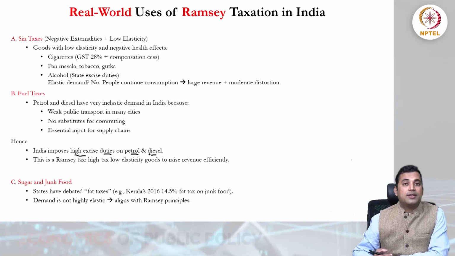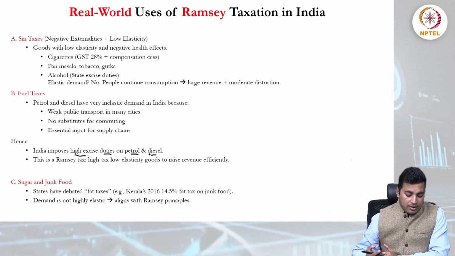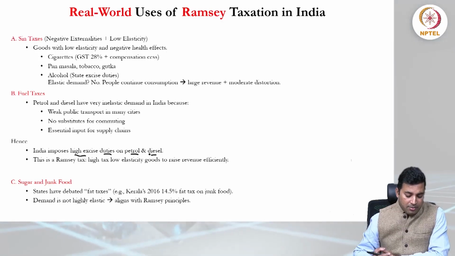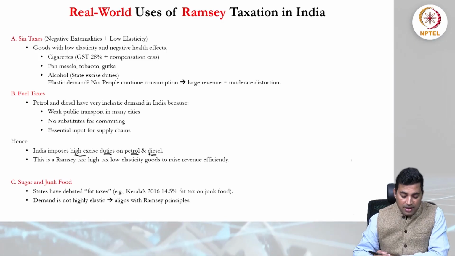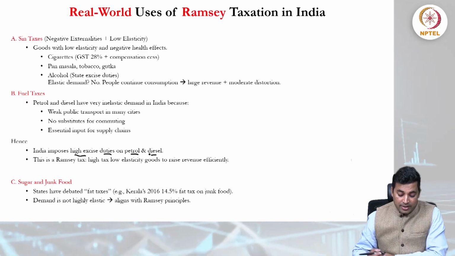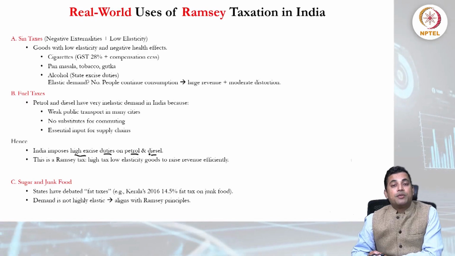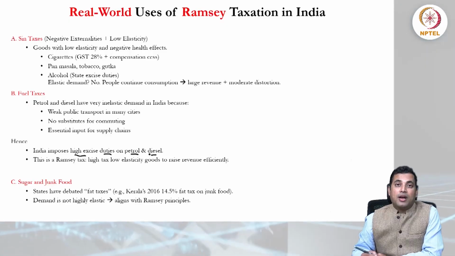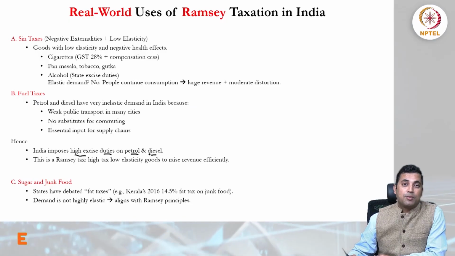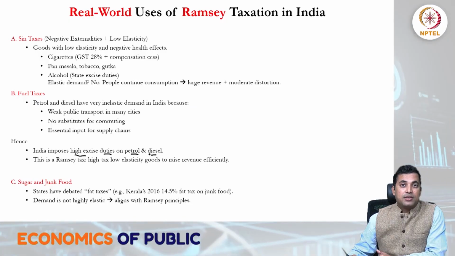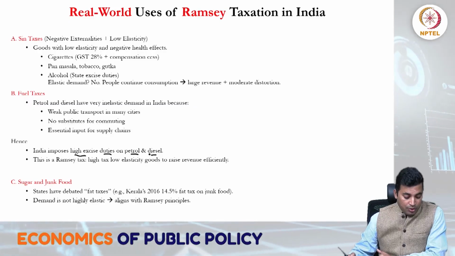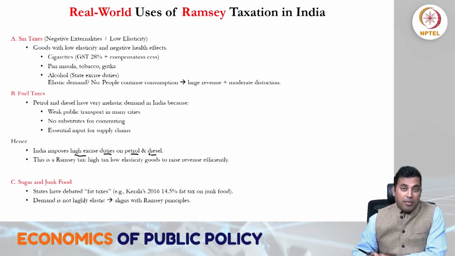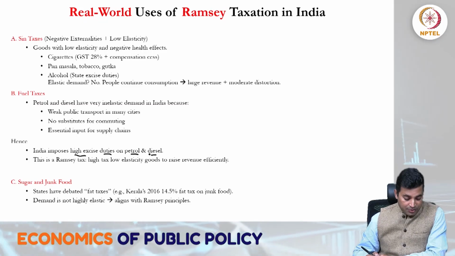Sugar and junk food are a couple more examples. States have debated fat taxes; for instance, Kerala in 2016 introduced a 14.5% tax on junk food. There is also a debate that junk food stalls or shops should not be established near schools, so that we can prevent children from buying and consuming those commodities.